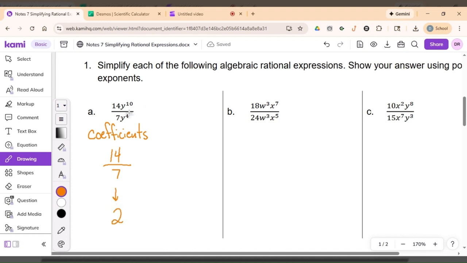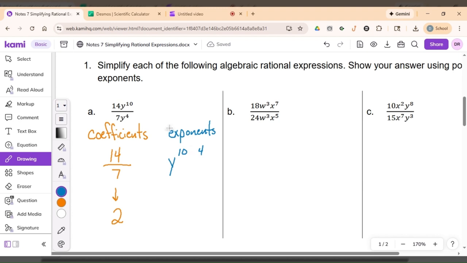And then we have these exponents too. With the exponents, we do something different. There are 2 different rules, one for the coefficients and one for the exponents. Here, we have a y value with an exponent of 10 in the numerator and another y value with an exponent of 4 in the denominator.